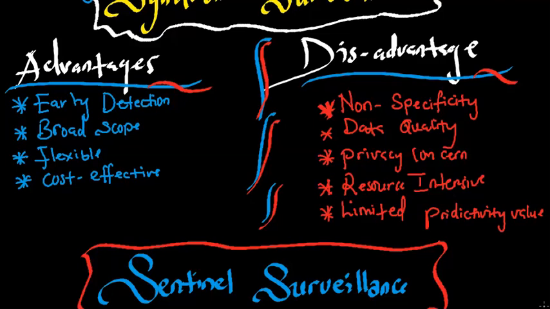So let's explain a few of the disadvantages. The first one is data quality. Data quality can vary depending on the source, leading to issues with accuracy and reliability. What about privacy concern? Collection and analysis of syndromic surveillance data may raise privacy concerns, especially if individual level data is involved.